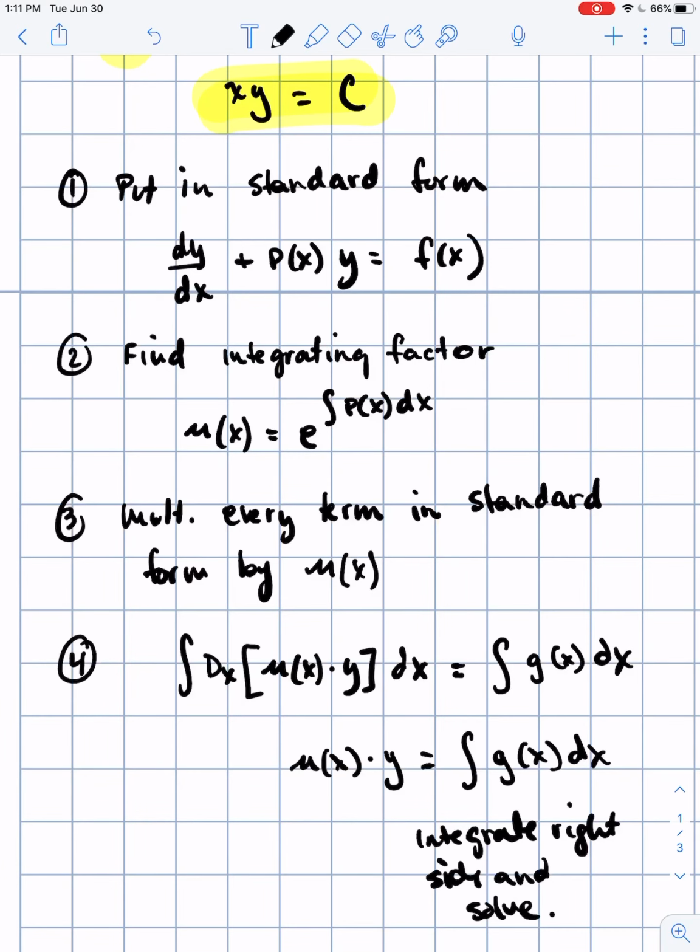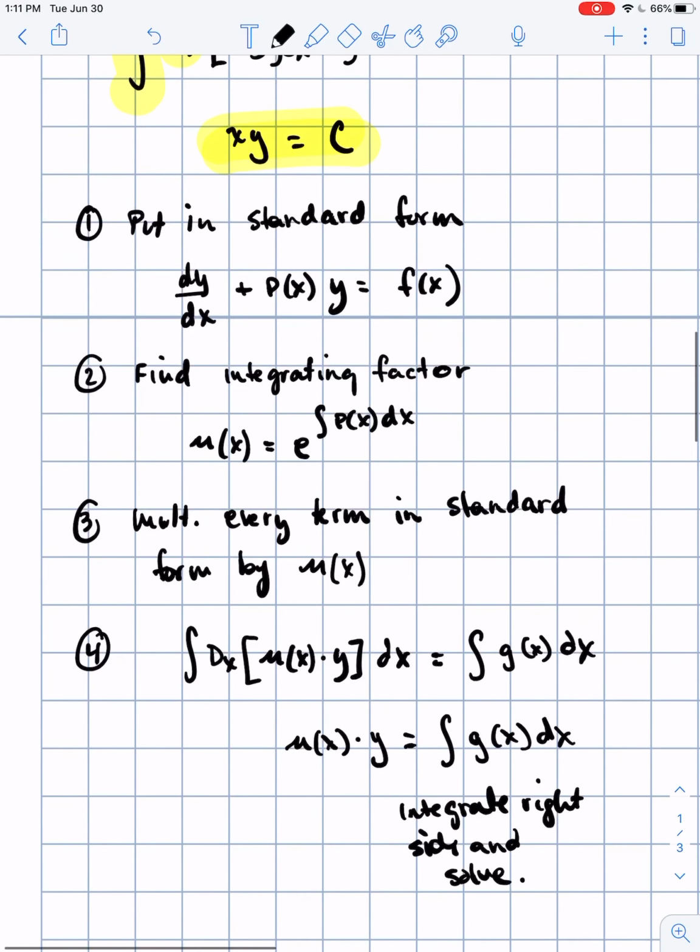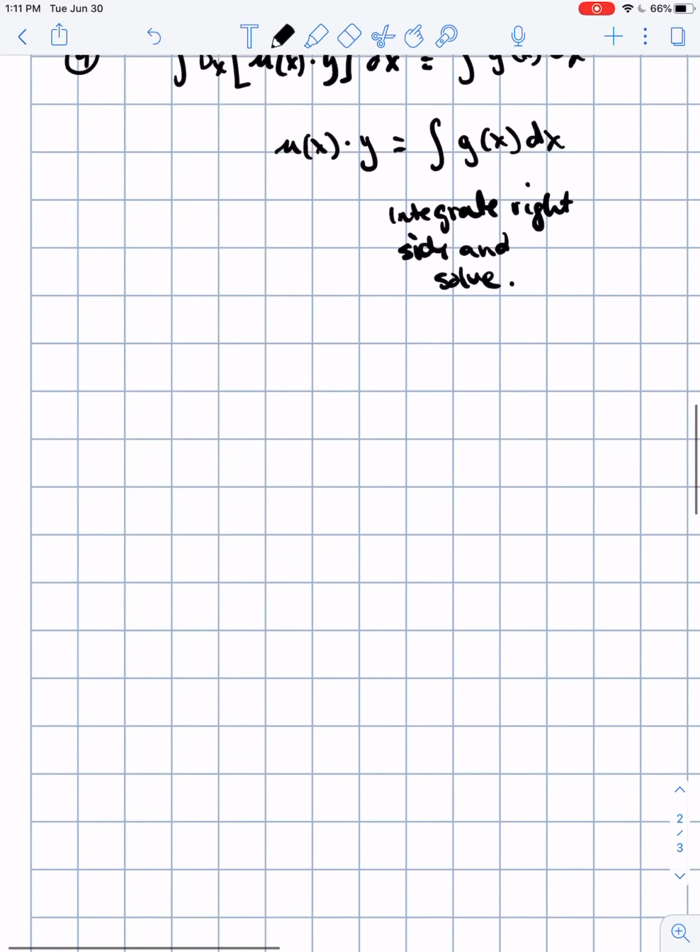All right, so let me show you a couple of examples here. Let's show you the first example. I'm going to have dy dx minus 3y equals 0. You could solve this by separating and integrating as well, but I'm just going to show you the linear process.